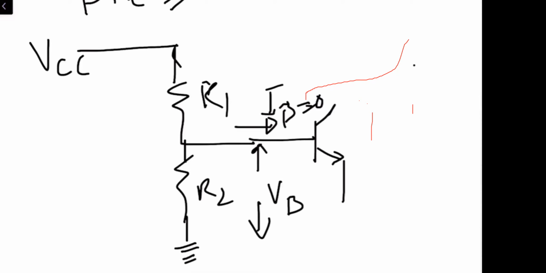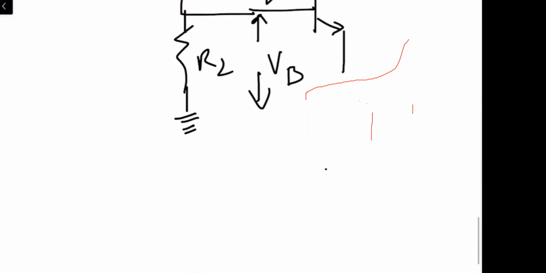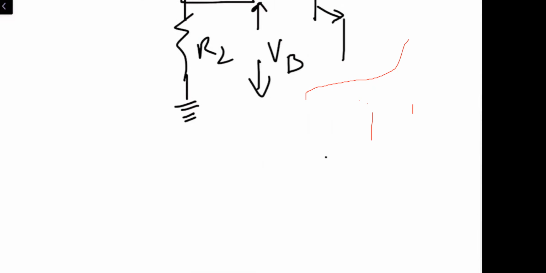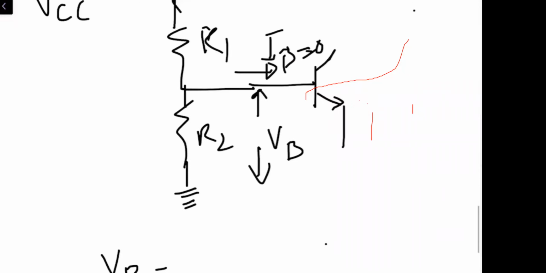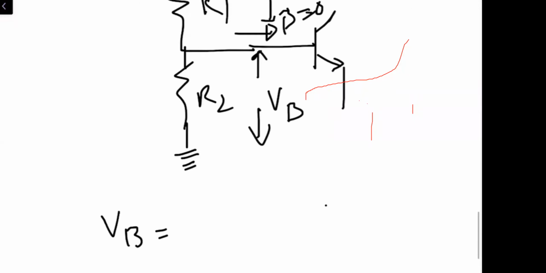In the approximate method, we need to first find VB. So what is VB going to be equal to? VB should be equal to the drop across R2. And what is the drop across R2? Anybody? I2 into R2, right?